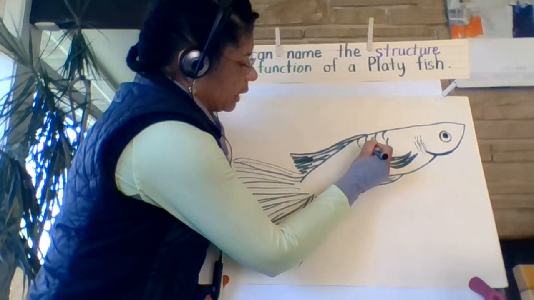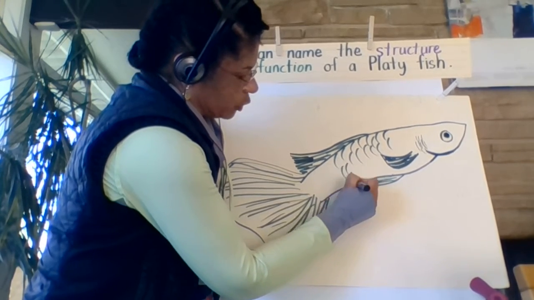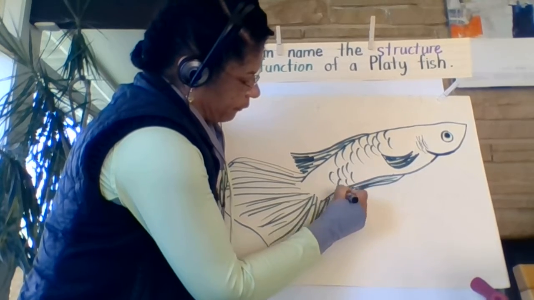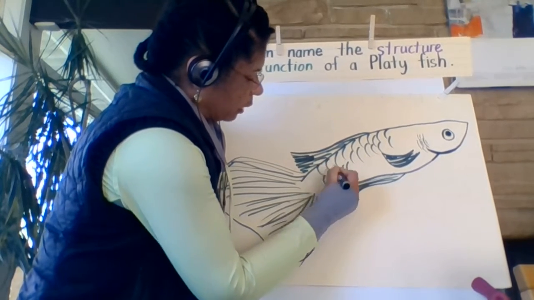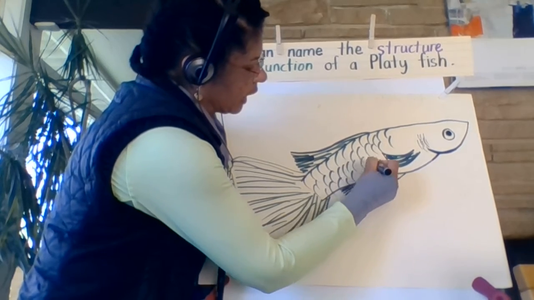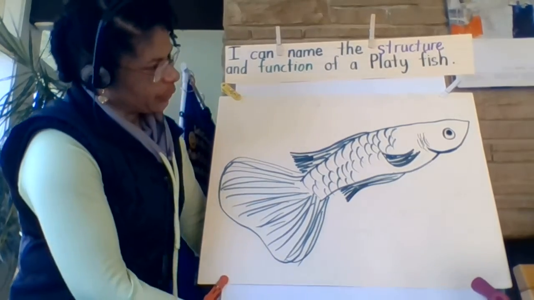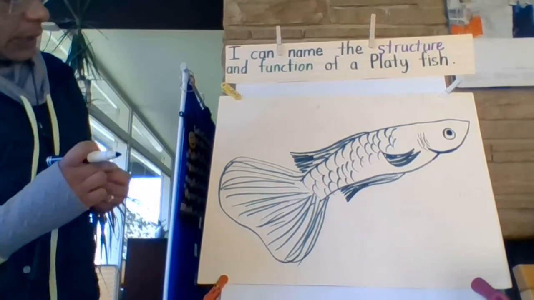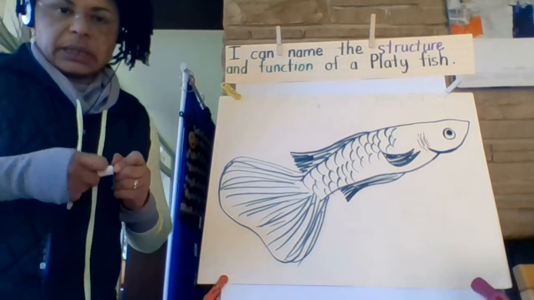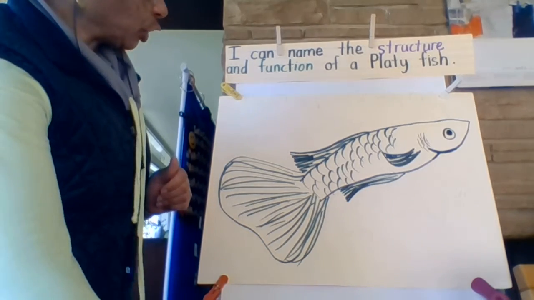And they have way more than what I'm going to draw, but since I'm doing this kind of fast, just to help us learn the structure of it, I'm not gonna do as many this time, okay? There we go. That is an illustration of a platy fish.